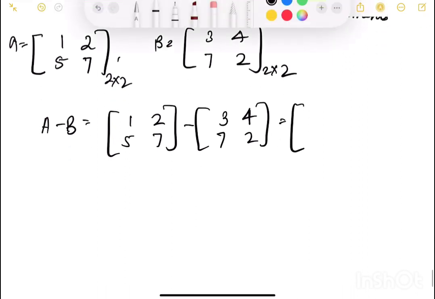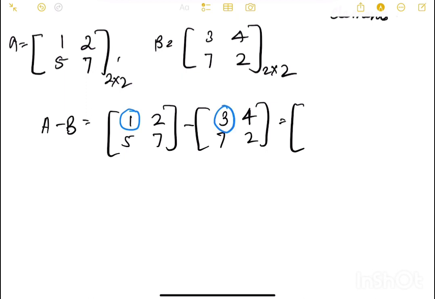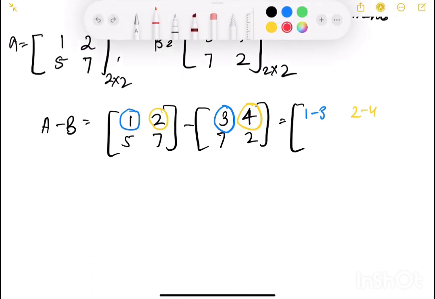Again, I will use different colors so that you can understand it better. What is the A11 element here? 1 minus 3, then the A12 element in both of them, this is 2 minus 4. We are subtracting the corresponding elements here. I hope that is clear.